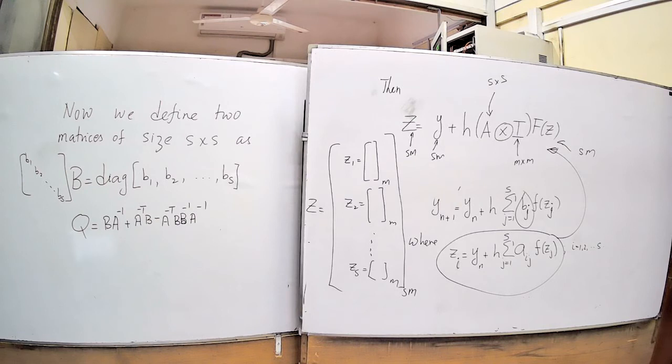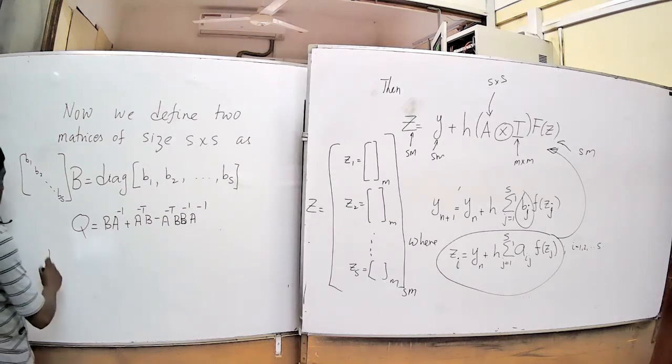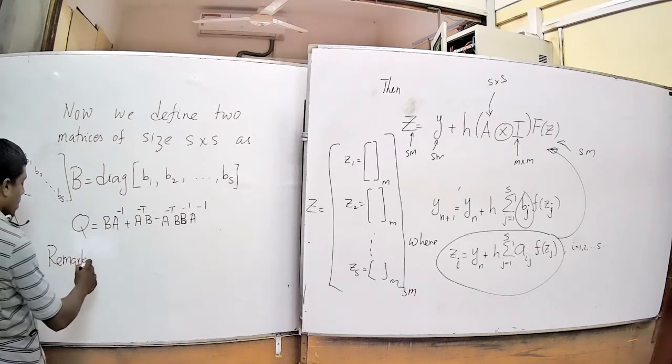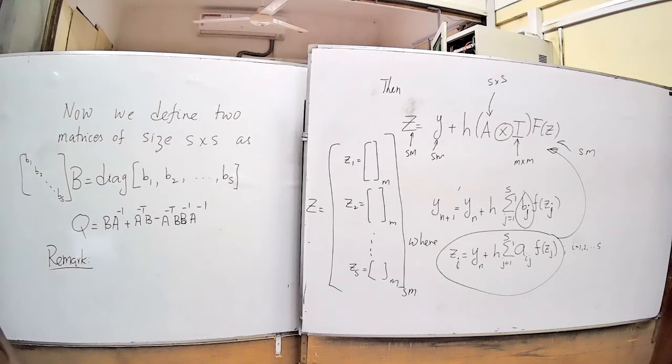The meaning of A inverse transpose you all know: it is the transpose of the inverse or the inverse of the transpose. I will write the condition for B-stability based on this as a remark. The proof is too lengthy, so I am going to skip it.